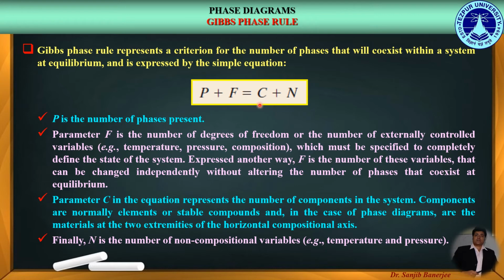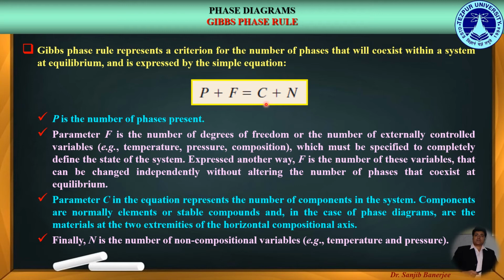The parameter C in this equation represents the number of components in the system. Now components are normally elements or stable compounds, and in case of phase diagrams, components are the materials at the two extremities of the horizontal compositional axis.